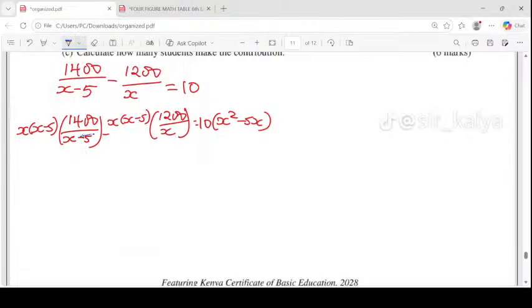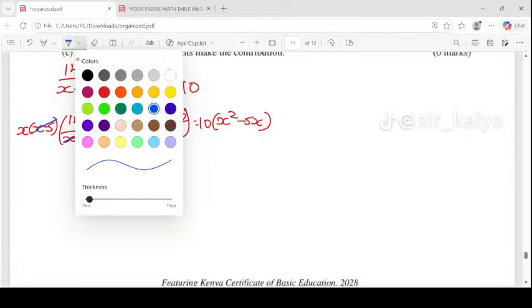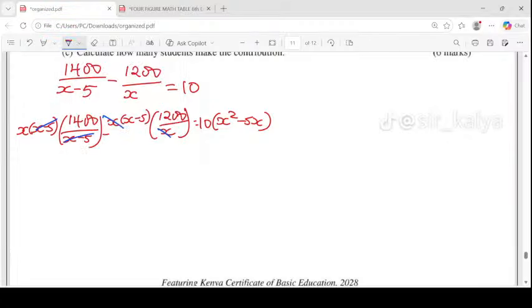So this and this cancel. Now I'm going to have 1400x minus 1200 into x minus 5 is equal to 10x squared minus 50x.